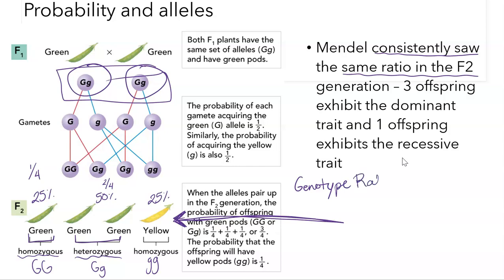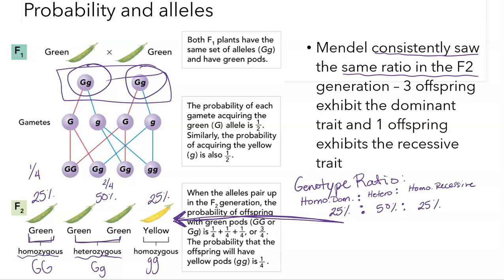So genotype ratio: homozygous dominant is written first, and you can write it as a percent or a fraction. Then you would write heterozygous, which is 50%, to our homozygous recessive. That's our genotype ratio.